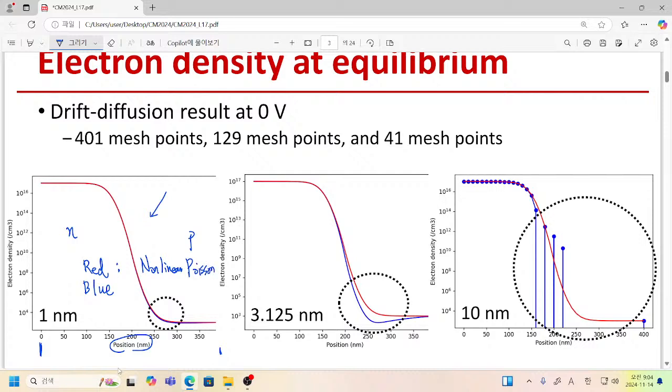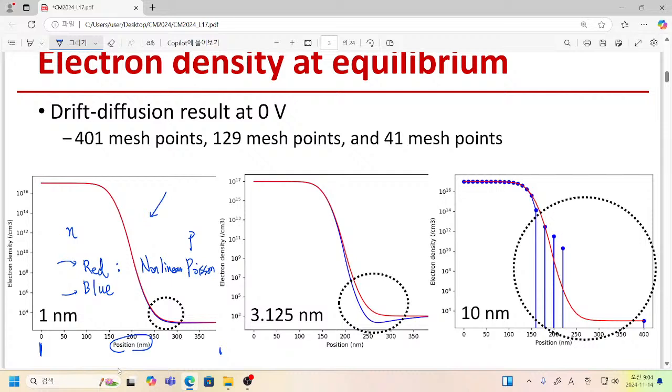Although that is restricted to the equilibrium case, as far as we are talking about the equilibrium condition, this red line shows the correct reference result, and we want to fit our drift diffusion simulation result to that of the nonlinear Poisson equation. So our blue line should match the red line.